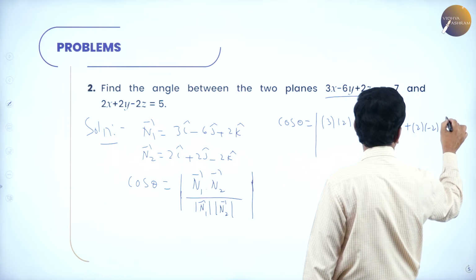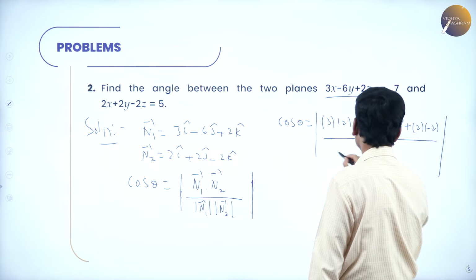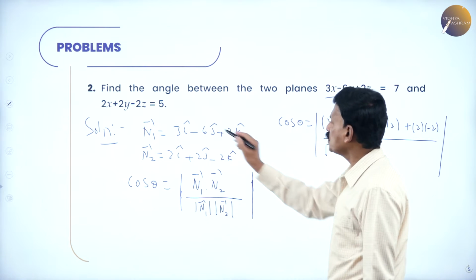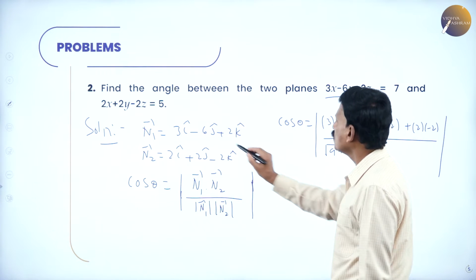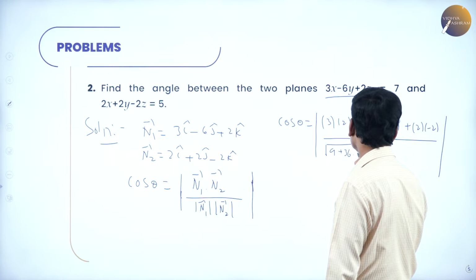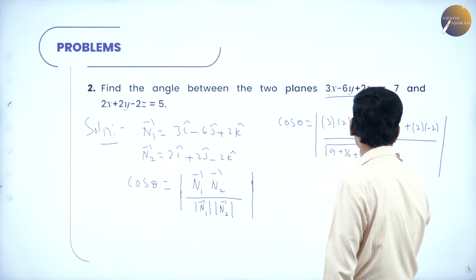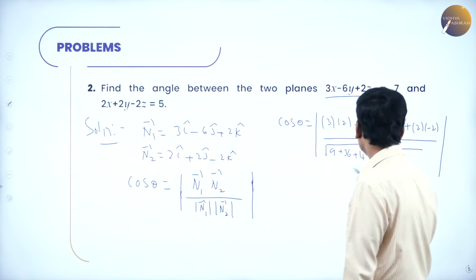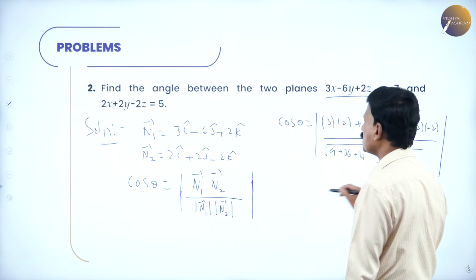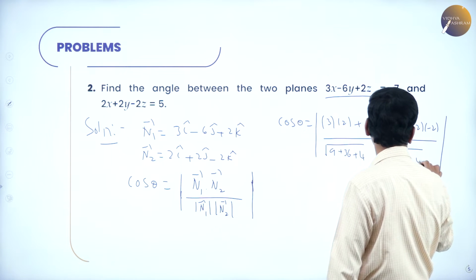divided by the root of 3 square is 9, plus 6 square is 36, plus 2 square is 4, into the root of 2 square is 4, plus 2 square is 4, plus minus 2 square is 4.